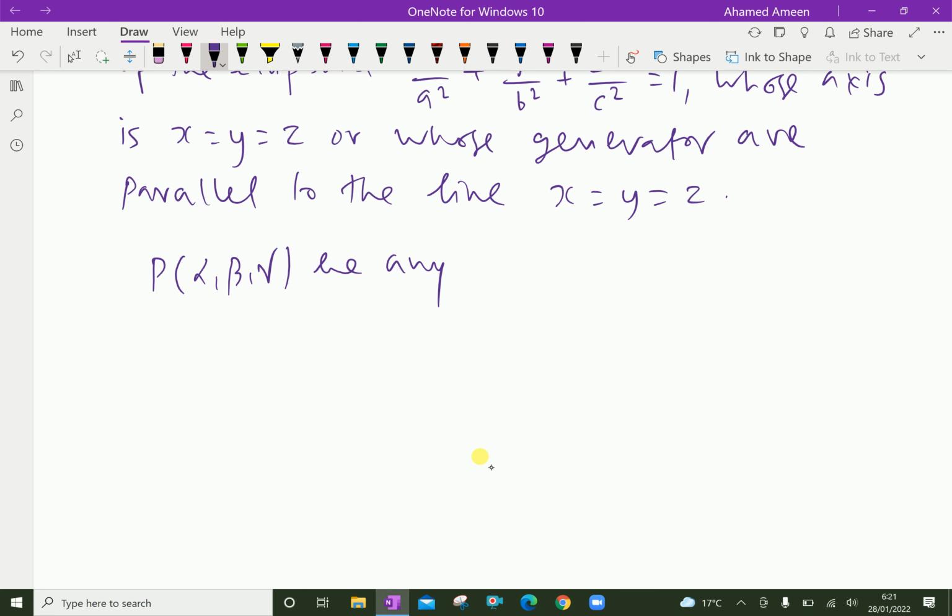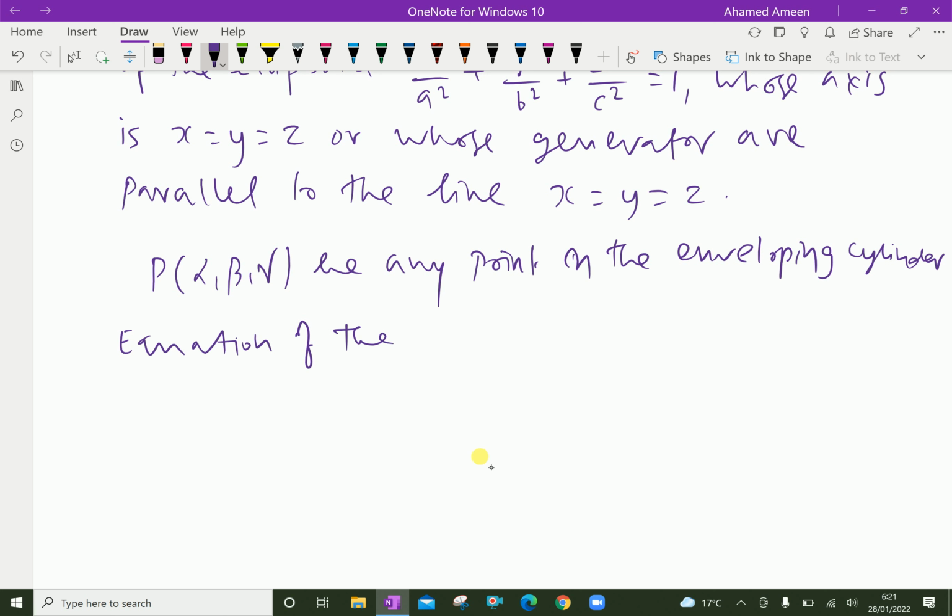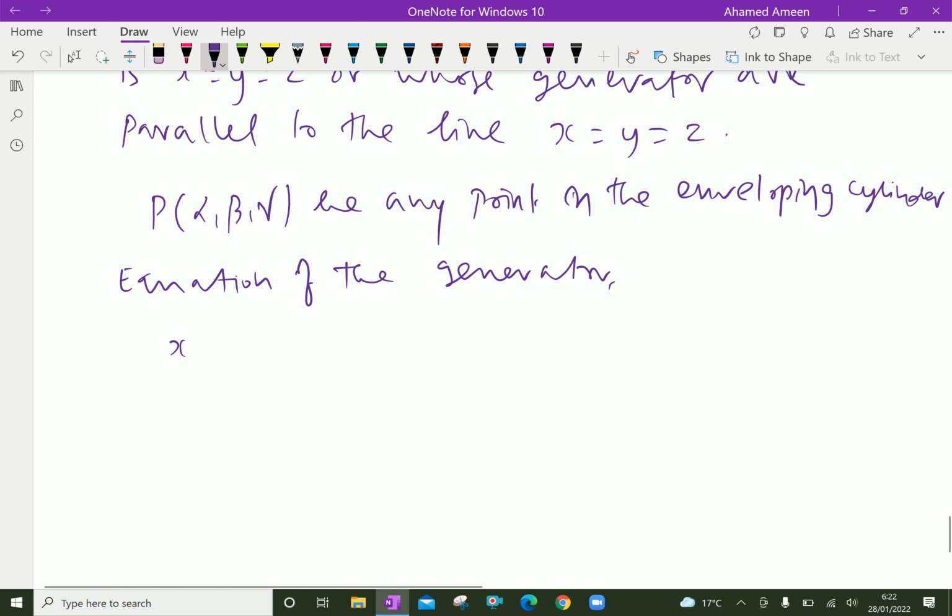Then the equation of the generator through this point is (x minus alpha) over L equals (y minus beta) over M equals (z minus gamma) over N. Let it be this R.